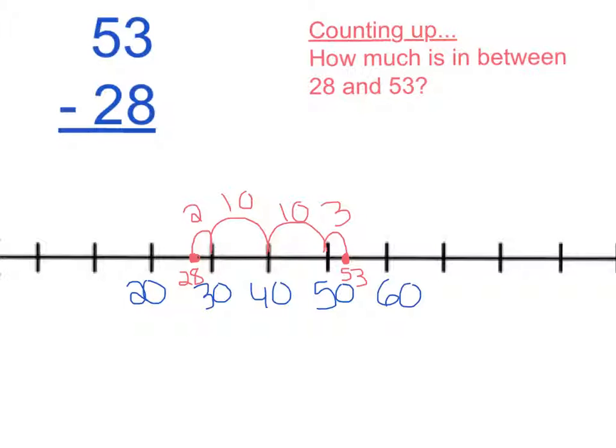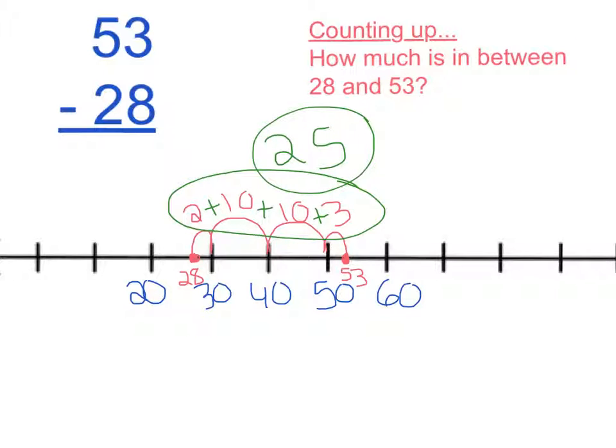And now you just have to count, well, how many did I jump? 2 plus 10 plus 10 plus 3 is 25. So counting up from 28 to 53 is 25, which means the difference between them is 25. So those are 3 different methods for doing this 2-digit subtraction. Let's try it with another example.